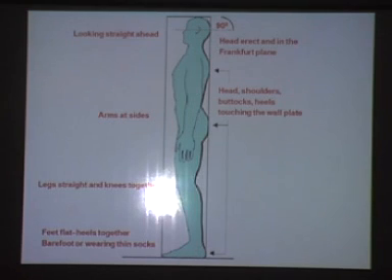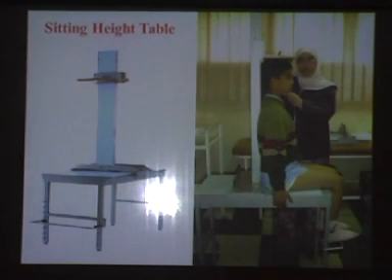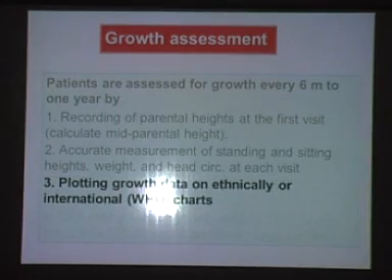The patient must be in the correct position: the head in the frontal plane, with head, shoulders, buttocks, and heels touching the wall plate, arms at the sides, legs straight, and knees together. And this is the sitting height table to measure the sitting height and accordingly the upper and lower segment.